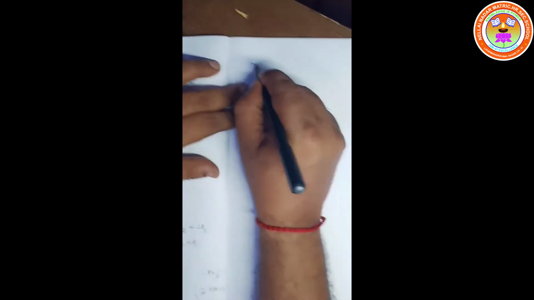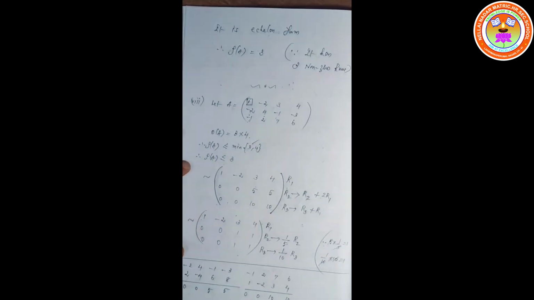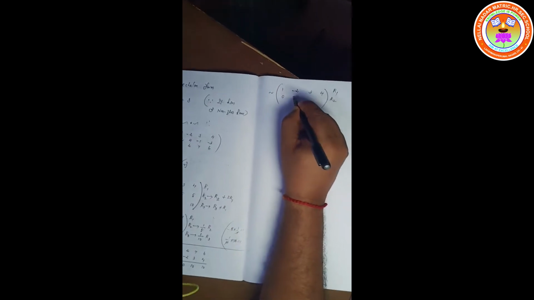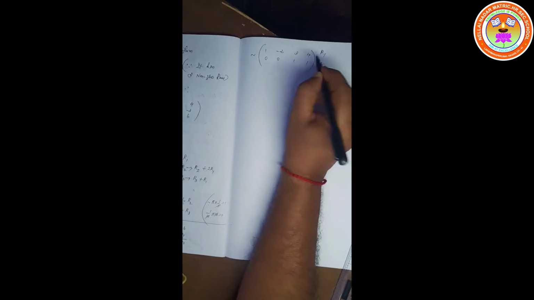Put the equivalent matrix. R1 no change: 1, minus 2, 3, 4. Even R2 no change: 0, 0, 1, 1.